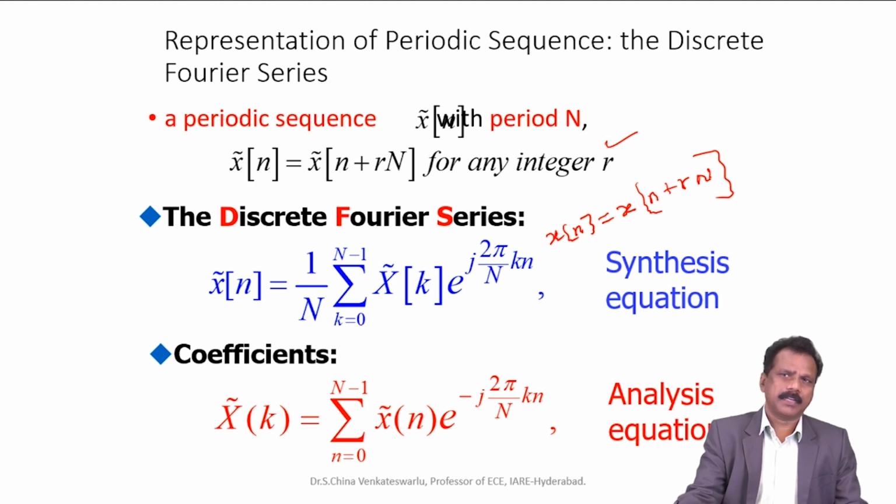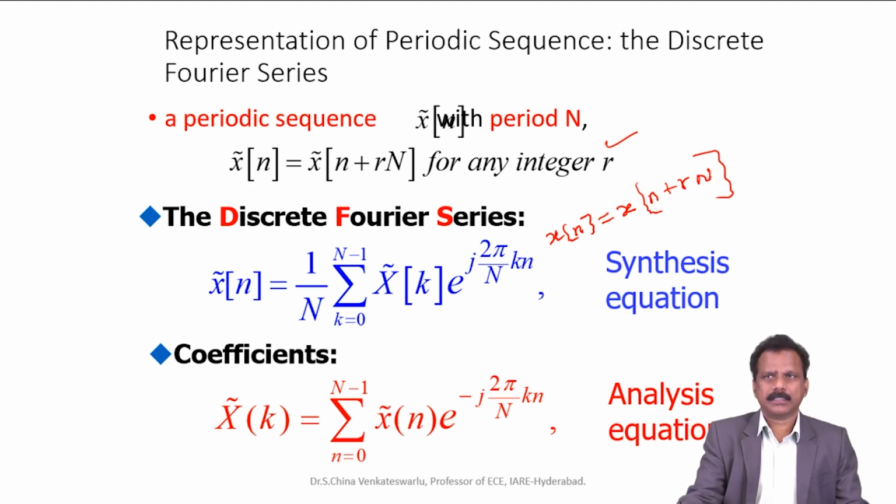The coefficients will be calculated, where X of k is equal to the summation n equal to 0 to N minus 1 of x of n and e power minus j 2 pi by capital N into kn.